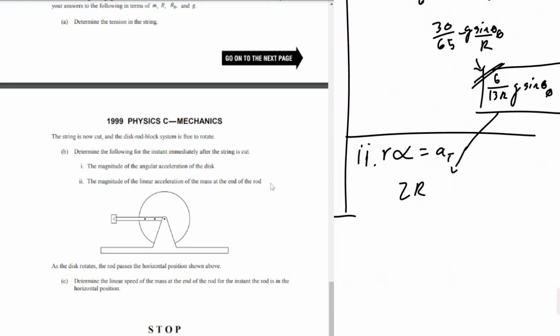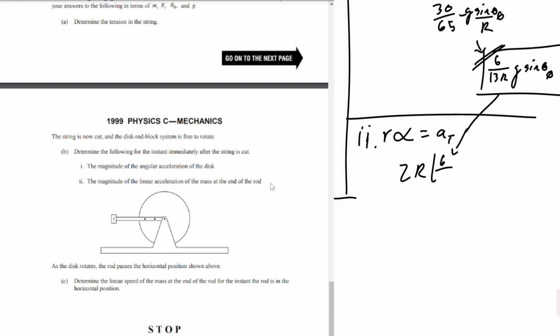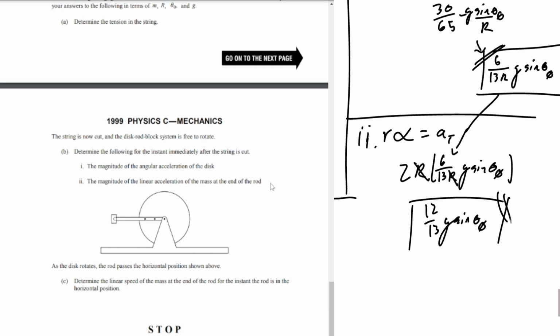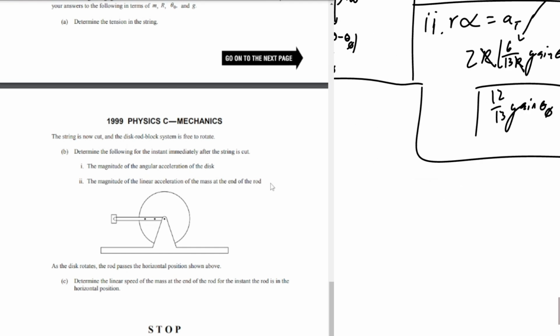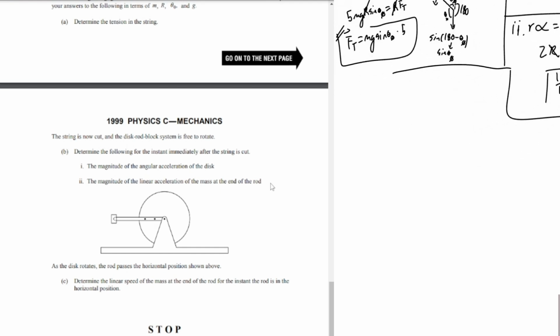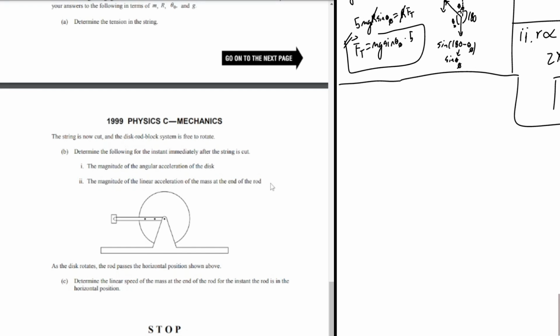Times 6 over 13 r g sine theta naught. Right? Cancel the r's. 12 over 13 g sine theta naught is my translational acceleration. Now for the final question, which is a little bit more annoying than the other ones.